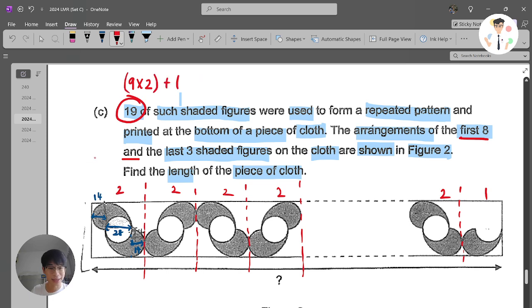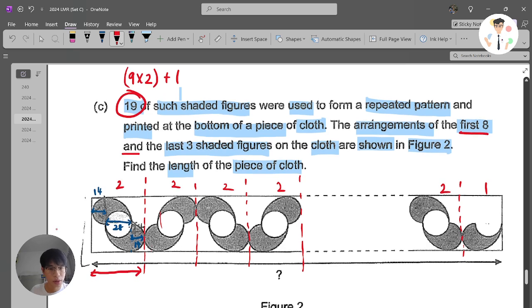Means that I have 9 sets of these 2, and I have extra 1 more left over here. Okay? Now, if you look carefully, the length here up to here is actually what? 14 plus 28 plus 14. So it's 14 plus 28 plus 14. How many? 56.